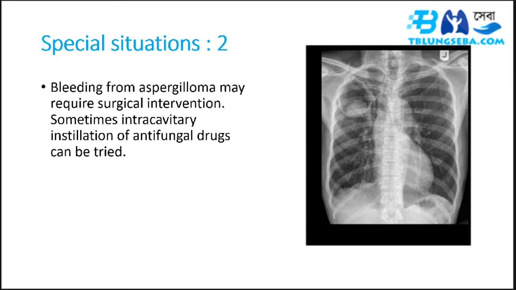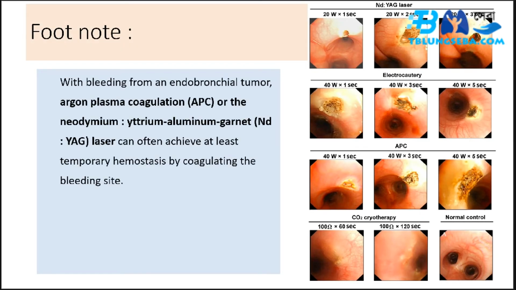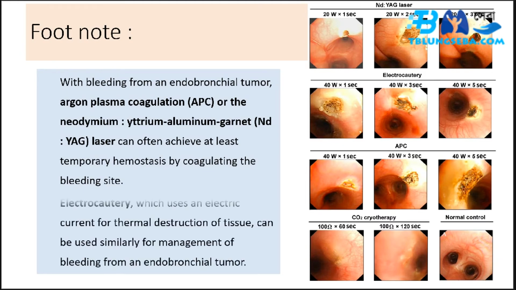Sometimes intracavitary instillation of antifungal drugs can be tried. Footnote: with bleeding from an endobronchial tumor, argon plasma coagulation, APC, or the neodymium YAG laser can often achieve at least temporary hemostasis by coagulating the bleeding site.